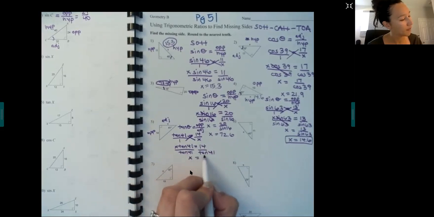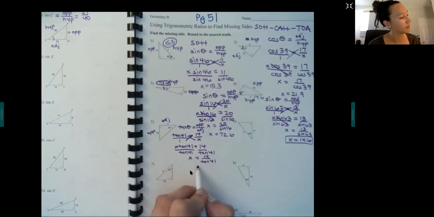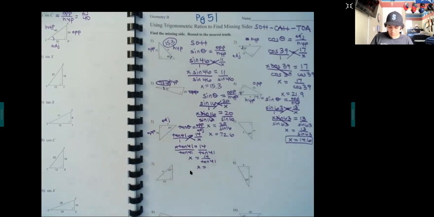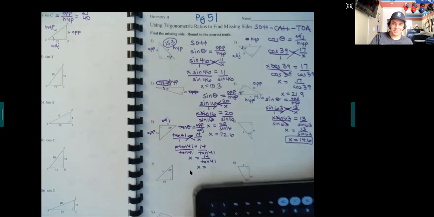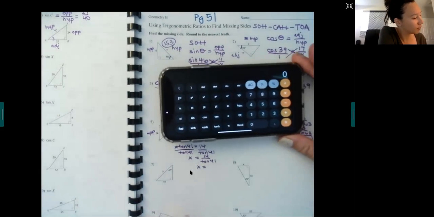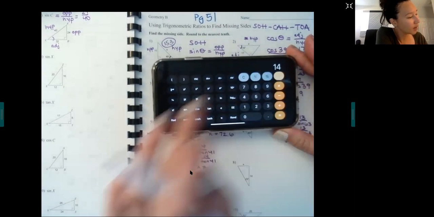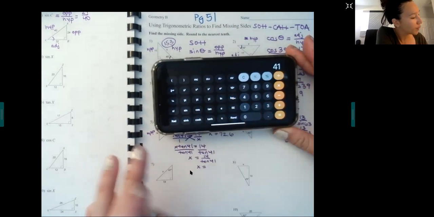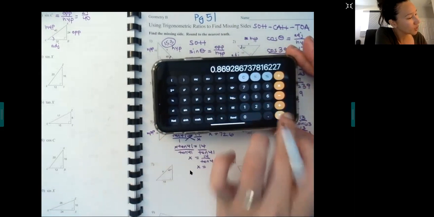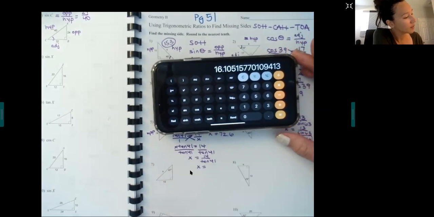Okay. And what did you get when you divided 14 by the tangent of 41? So 14 divided by the tangent of 41 is, I don't even think I got this one right. It was like 0.34, which I think I messed up on. Let's see. If we do 14 divided by 41 and then tangent, you get 16.1.